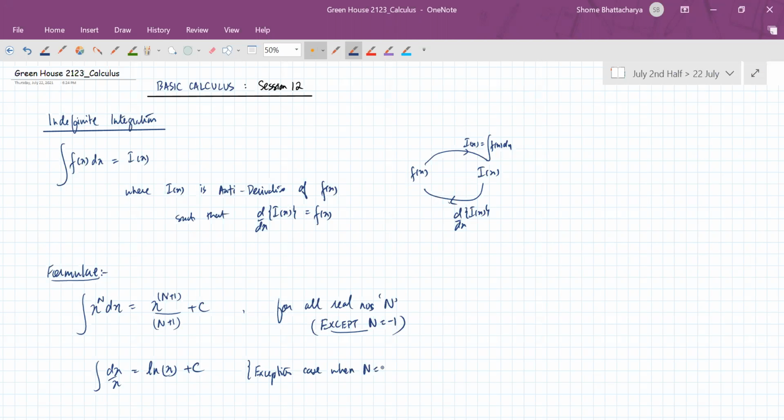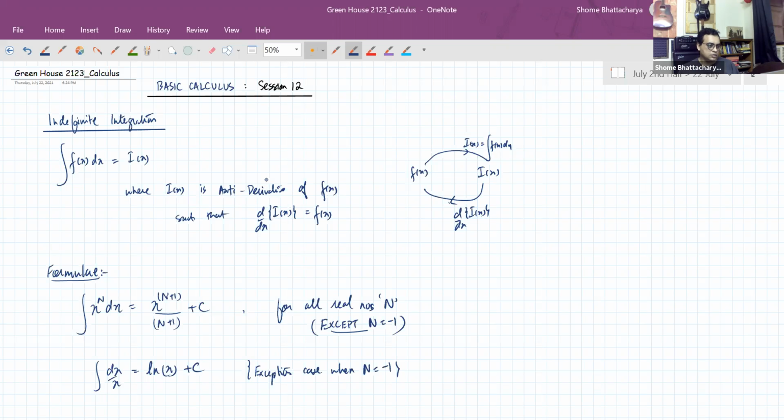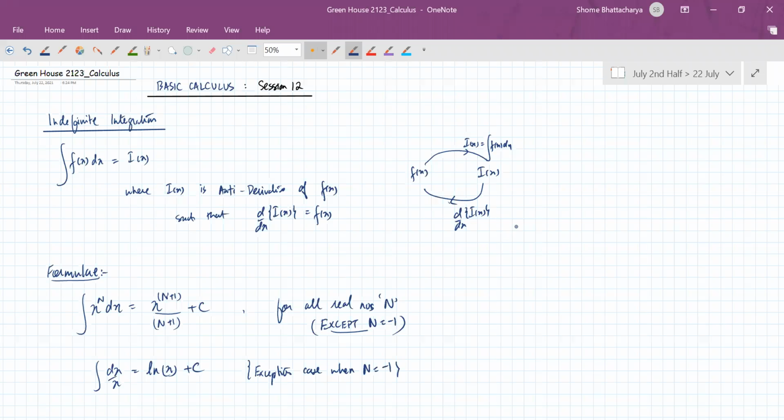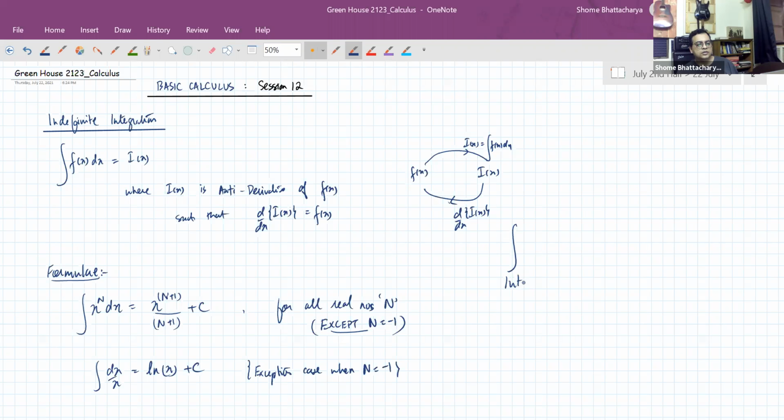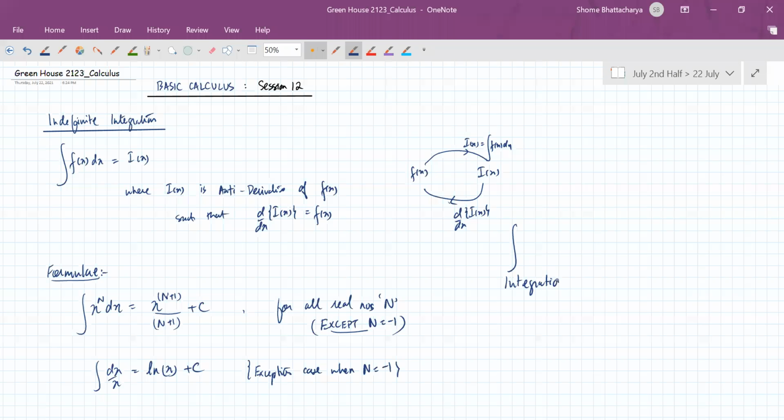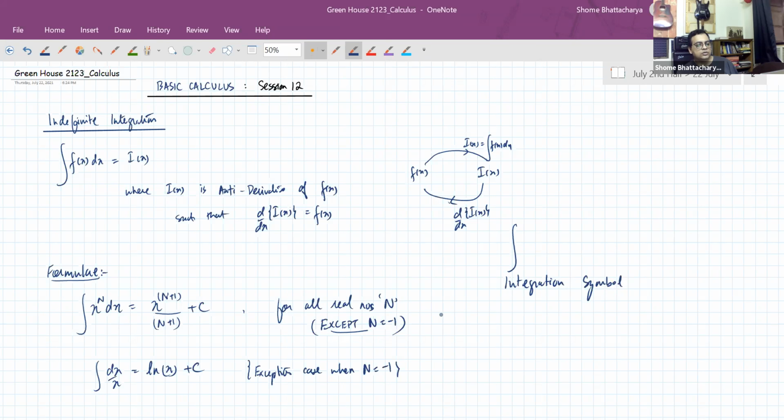Sir, what is that big F type symbol called? This symbol is called the integration symbol. And sir, what is that C called in that formula? The C, as you know, is called the constant of integration.